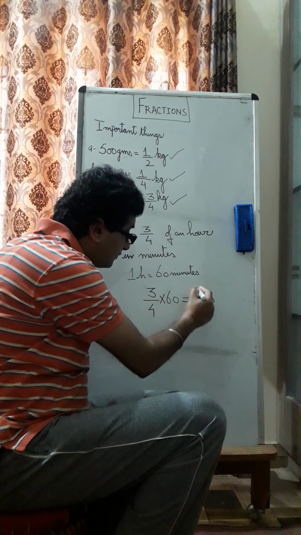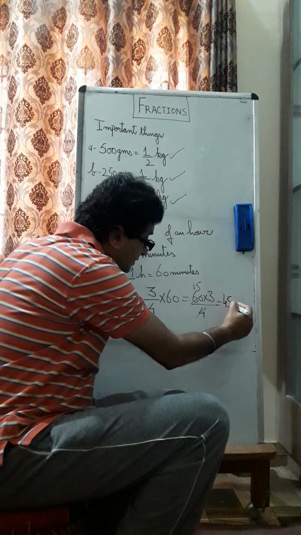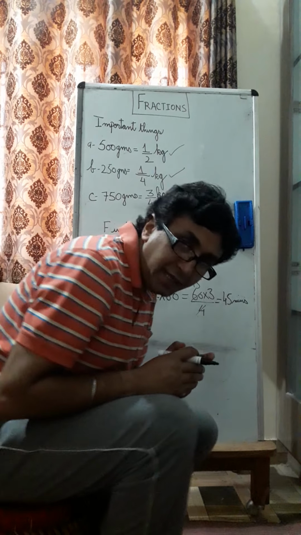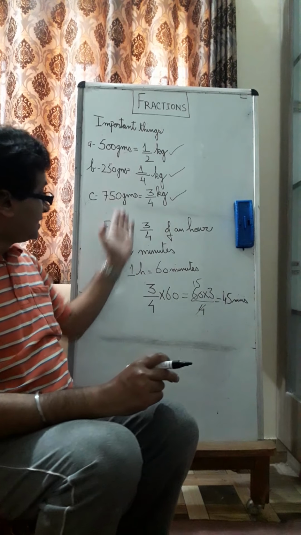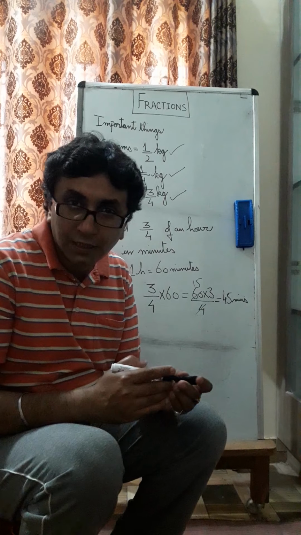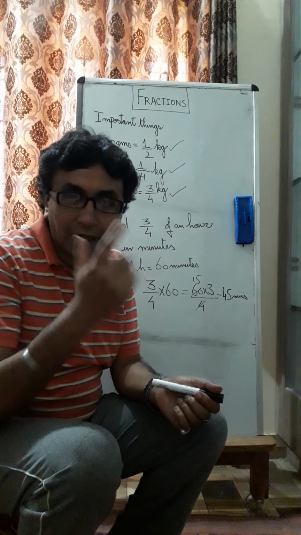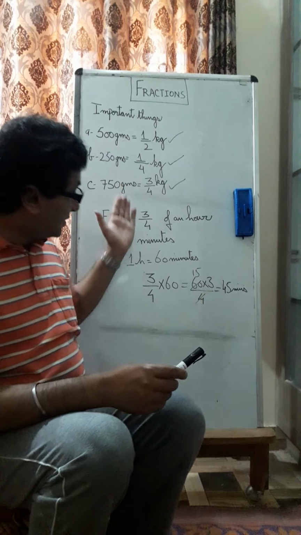So 4 15s are 60 and 15 into 3 is 45 minutes. Right? So this is how you can solve the sums on fractions if you know these simple little things. Right? So you would get problems like this, and compounded problems even in your Olympiad exams. So just remember these things.